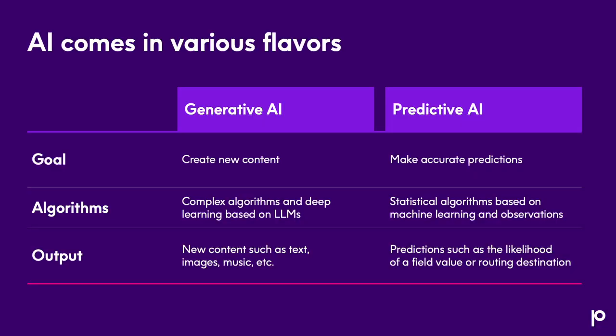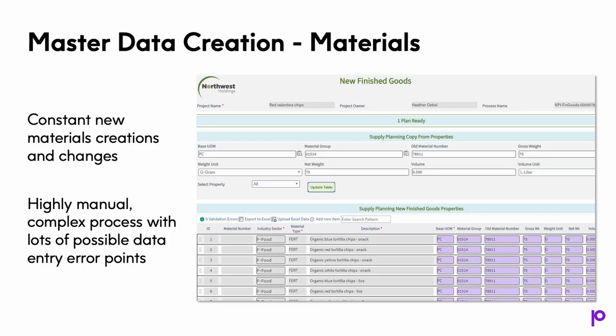It's great for doing predictions around things like field values, routings, anything that happens within your organization for a process and for the data that you use. So we see predictive AI being the one that you're probably going to find in your automation much more quickly than generative AI. Predictive AI, yes, you will see first before generative AI.